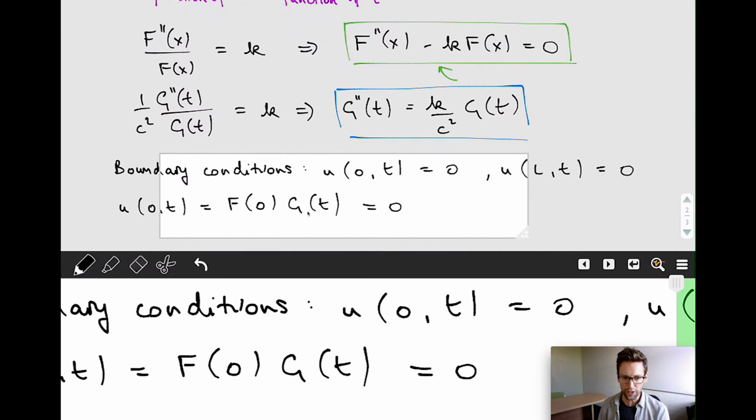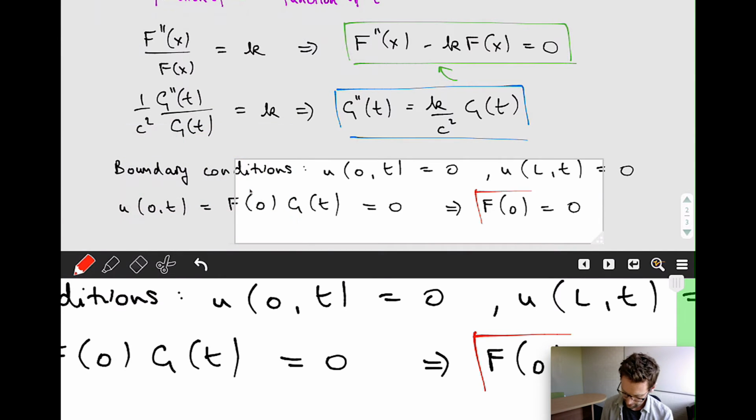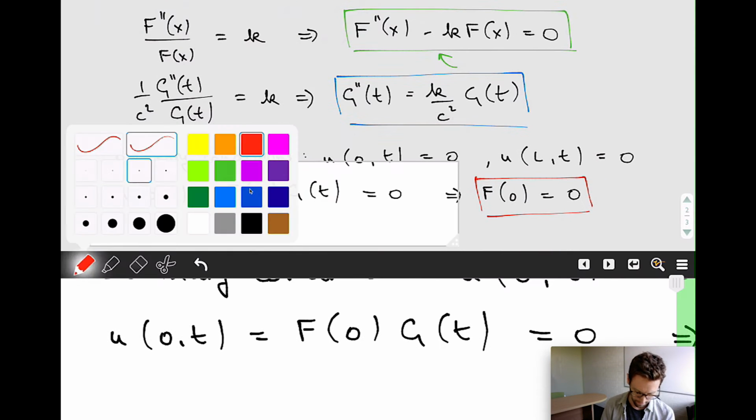Now if g of t was equal to 0 for every value of t, you'd see that my solution would be 0 for all time. So the only way I can solve this and get a non-trivial solution is if f of 0 is equal to 0. That is, my function f is 0 when x is equal to 0. So that's one boundary condition for f of x.